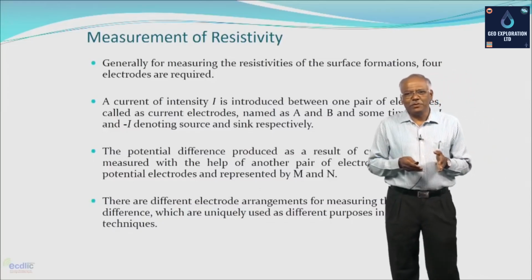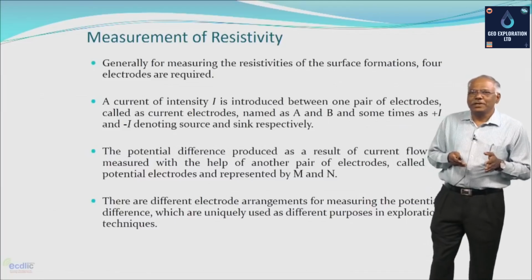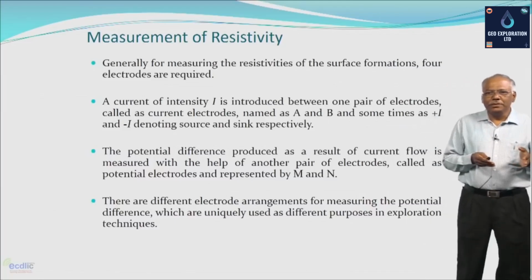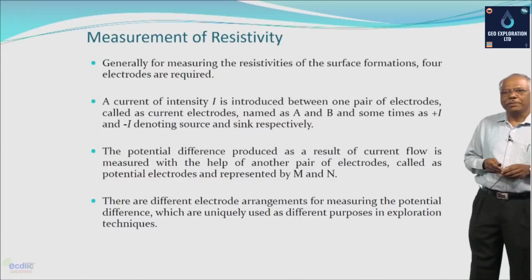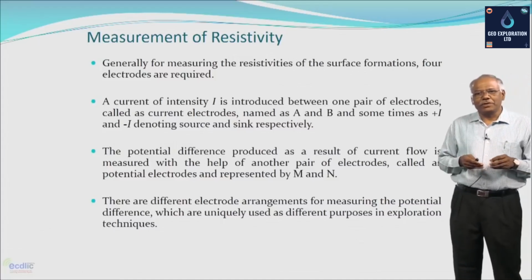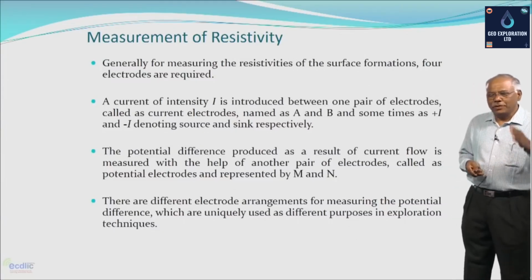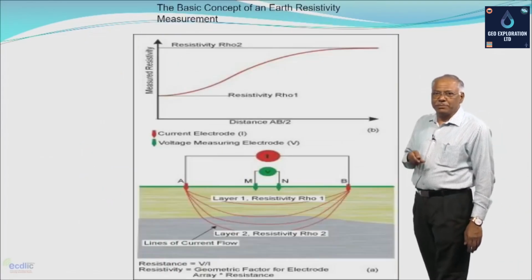The potential difference produced as a result of current flowing through the medium is measured with the help of another pair of electrodes, called potential electrodes, and this is typically how the measurements are made.